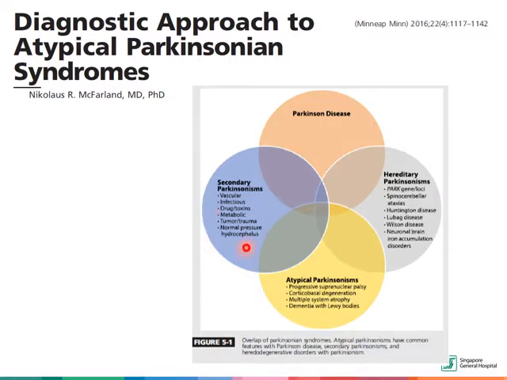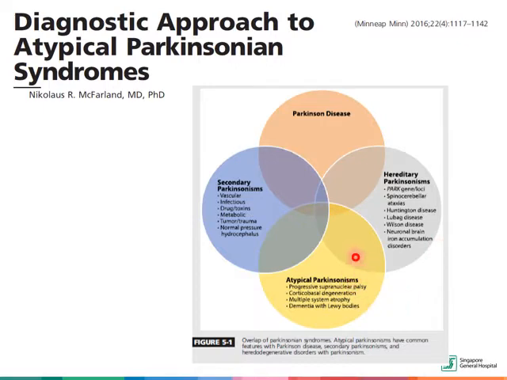And then there's the normal pressure hydrocephalus, where Parkinsonism symptoms may reduce after a VP shunt is inserted. Then we have the hereditary Parkinsonism, which has genetic causes, such as spinocerebellar ataxia, as well as Wilson disease.